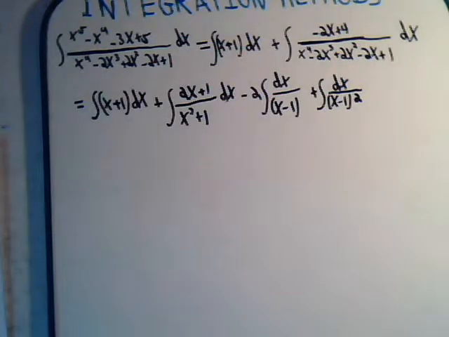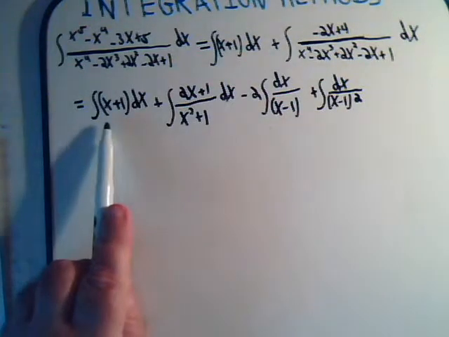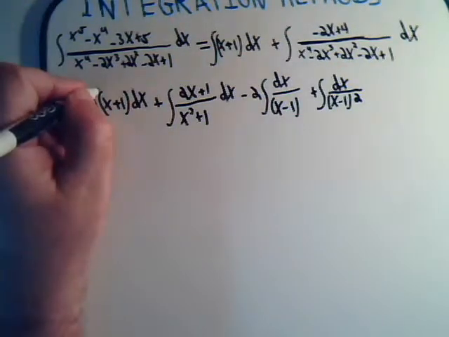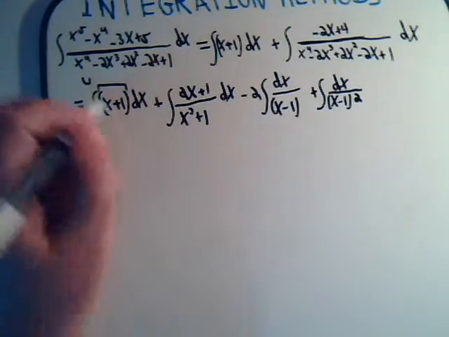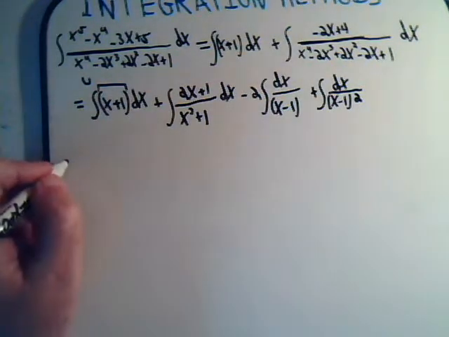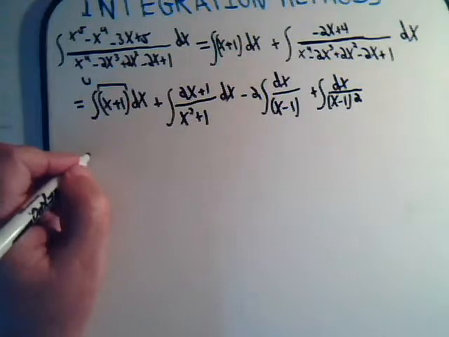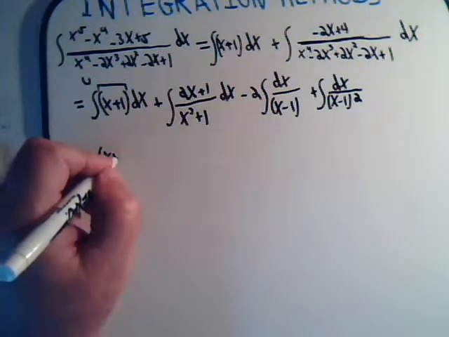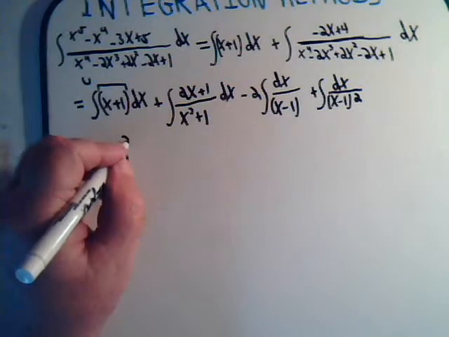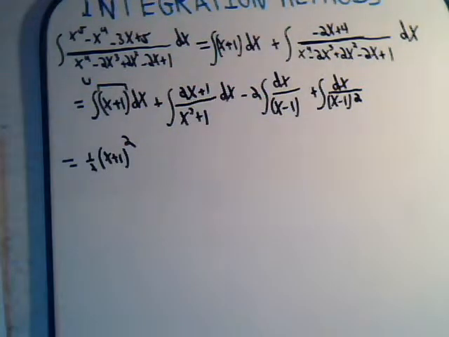For this we would have, let's just call this whole thing u. Call that u. du is that, so this will be 1/2 u squared, or 1/2 x plus 1 squared. Let's write this a little bit neater.